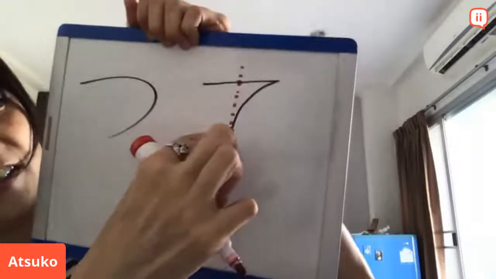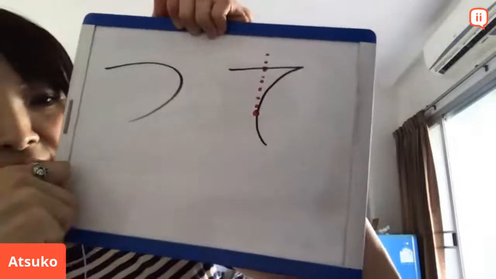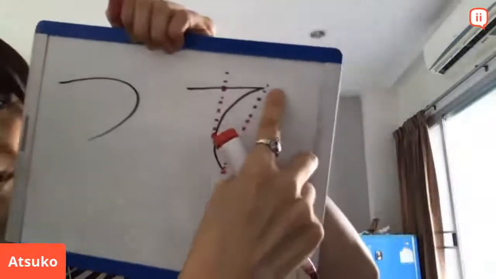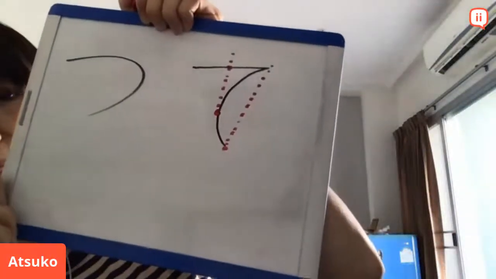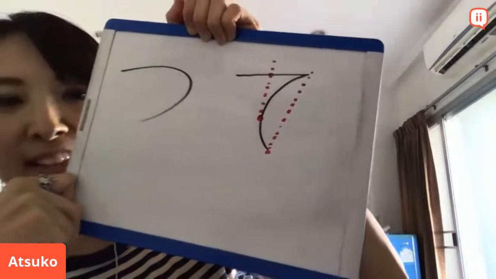It's center line. So pass the center line and go down. And finishing point should be on the left side of this point. Okay.